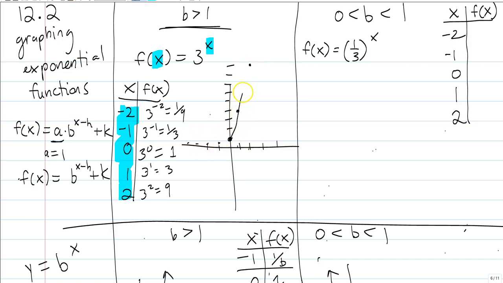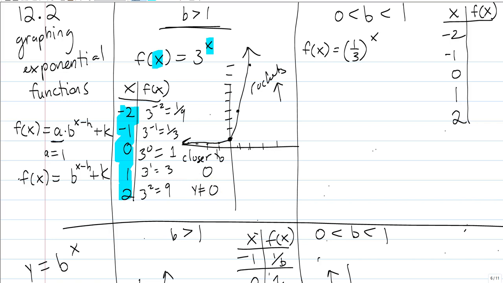As it goes to the right, it rockets up exponentially. And as it goes to the left, as I raise 3 to a negative exponent, it gets closer and closer to 0. That's an asymptote, in fact. That means that y will never equal 0. It's going to stay there at 0.